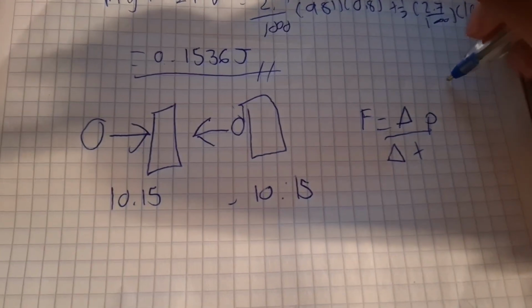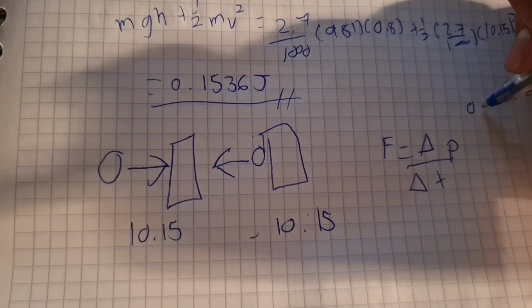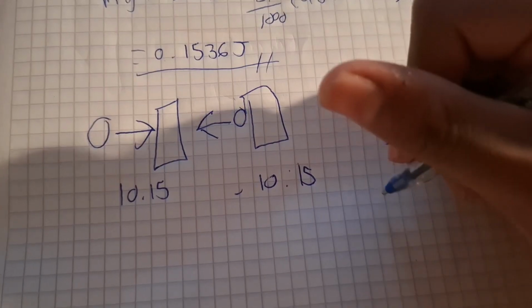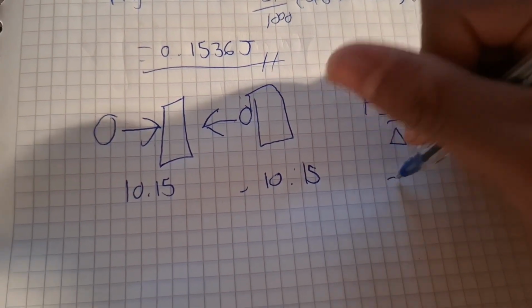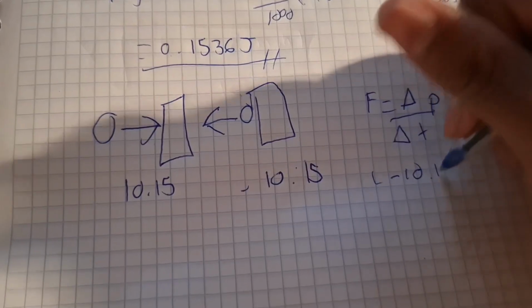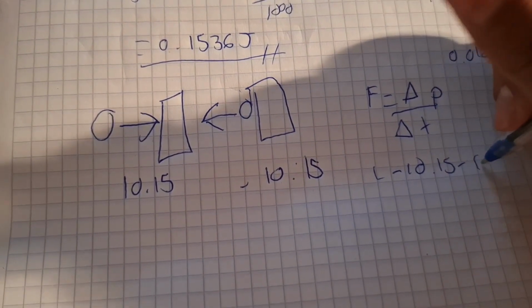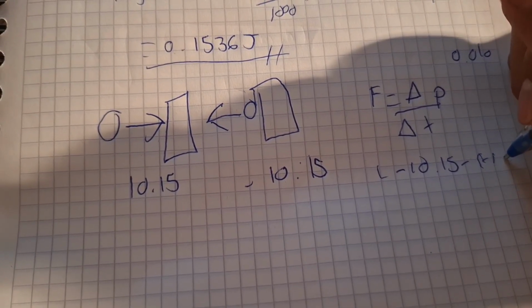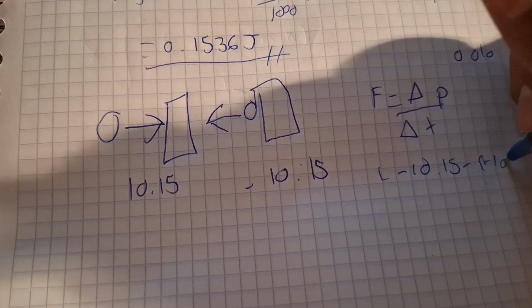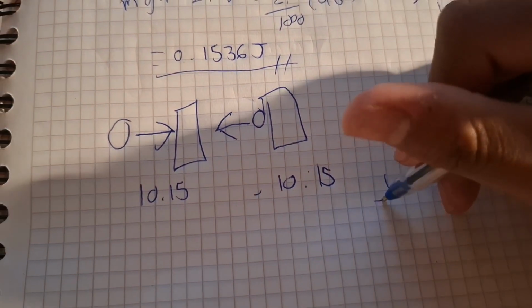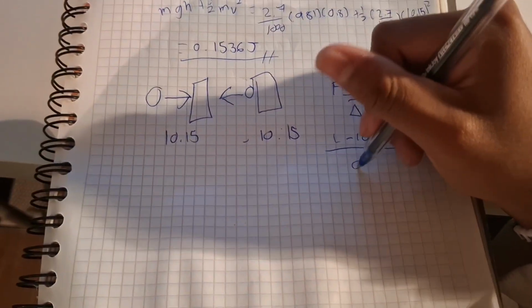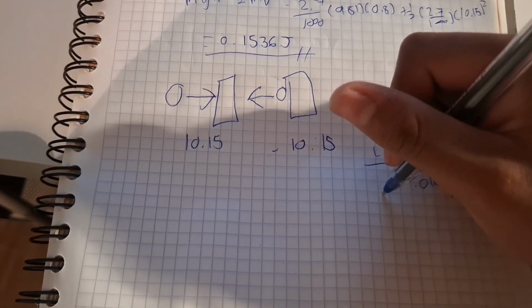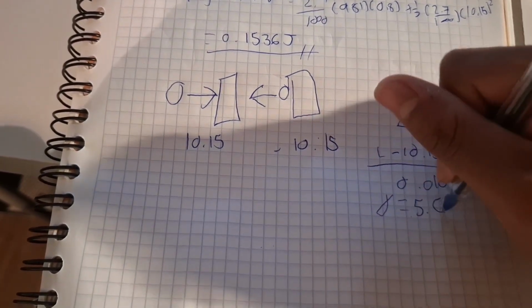We know the time there was 0.0, and notice minus 10.15 minus, over, and it's our 5.67.